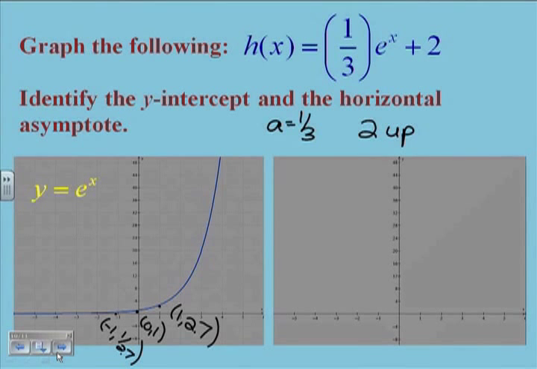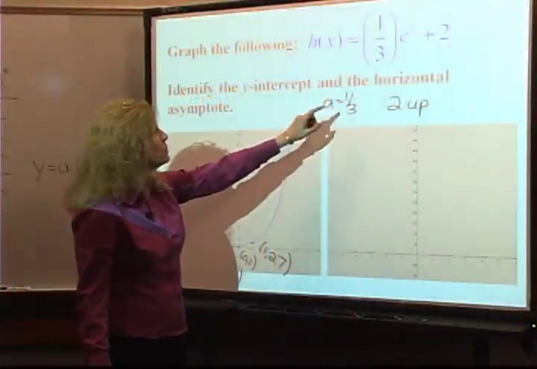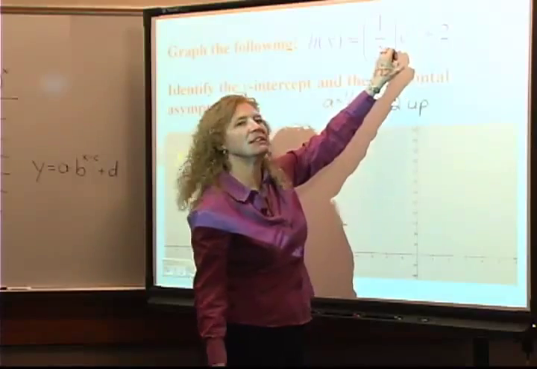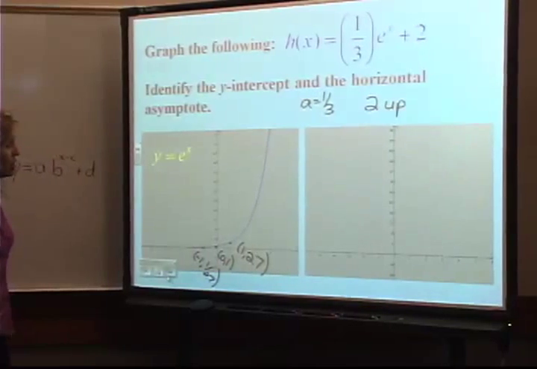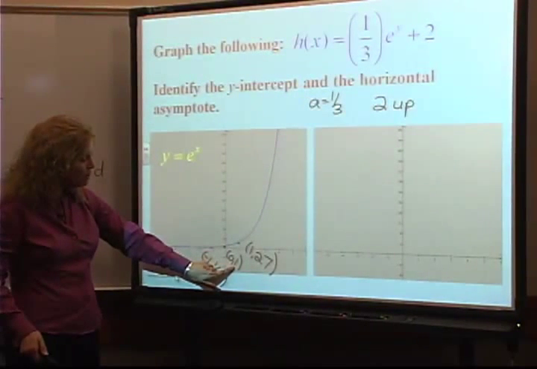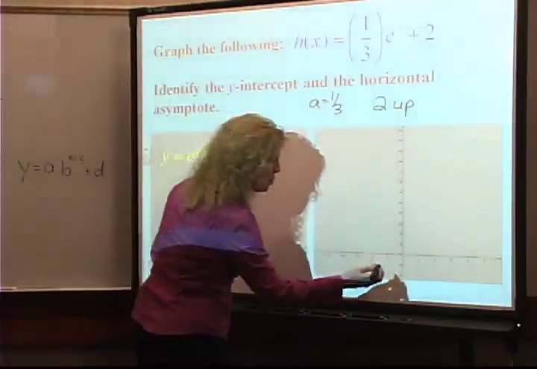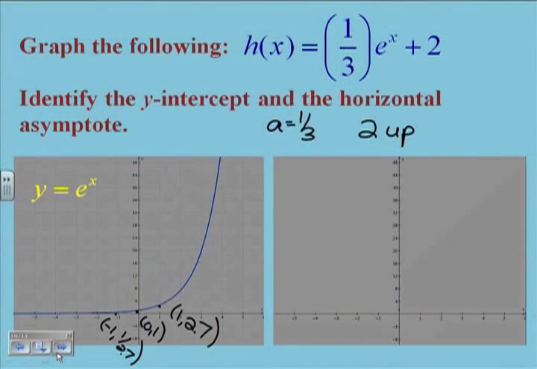Okay. So now, if I multiply these results by 1/3, because that's what that A value is doing, it's saying after you find the answer out of the exponential, then multiply it by 1/3. So this y coordinate is going to be (0, 1/3). I'm having trouble hitting these exactly, so hopefully you can be a little bit more accurate at home. Okay?